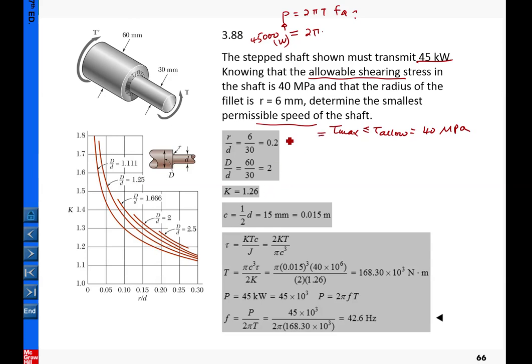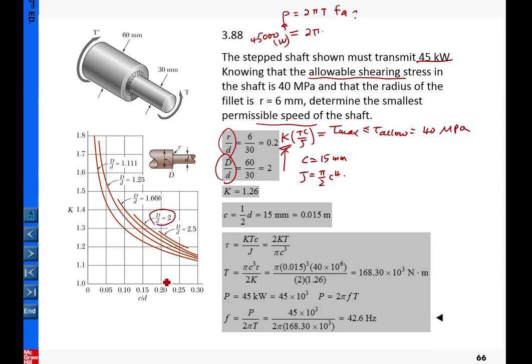Again, the maximum equal to K times TC over J, and by repeating the previous example, the C is the information about the smaller shaft, 15 millimeter, J pi over 2 C to the fourth power. And what is K here? For K here, we want to determine capital D over D, so that is 2 here, so we pick this curve, and then r over d is equal to, for this case, 0.2.